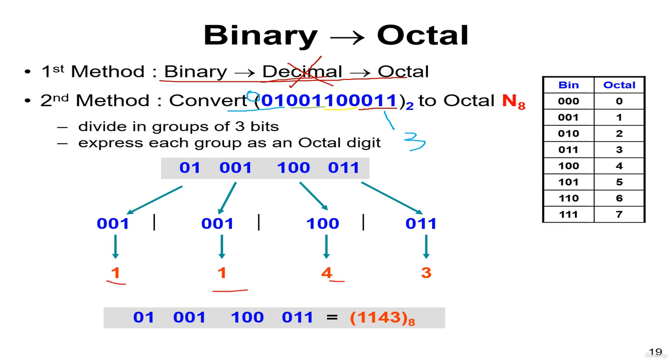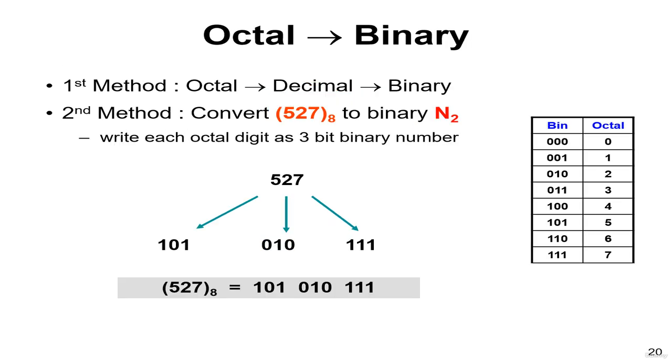So this binary number 0 1 0 0 1 1 0 0 0 1 1 is equivalent to 1 1 4 3 in octal. Similarly, if we are asked to convert vice versa.